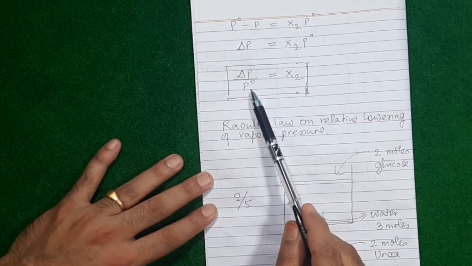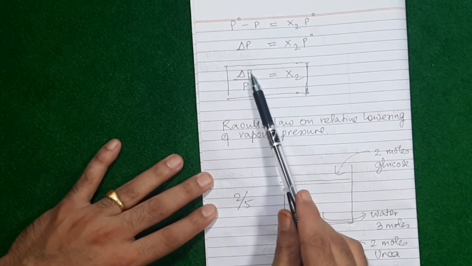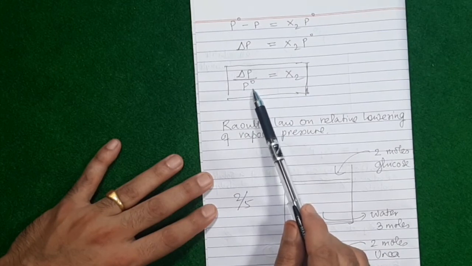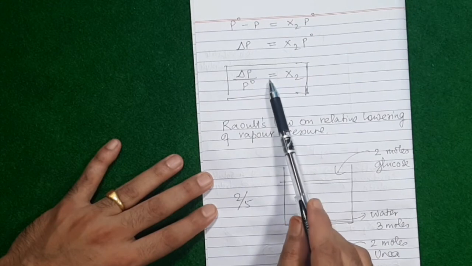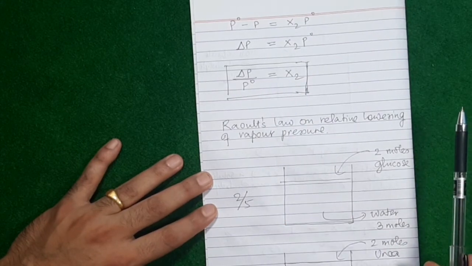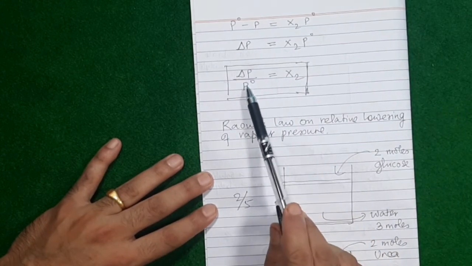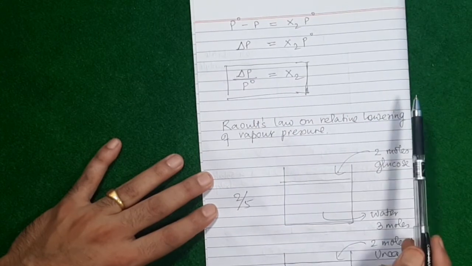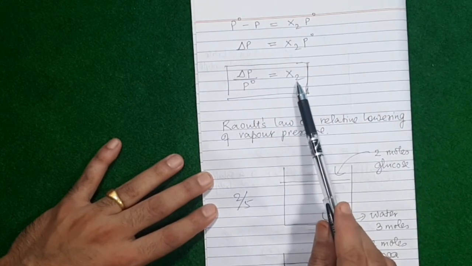Whenever we compare any quantity with another, the term is called relative. So lowering of vapor pressure divided by original vapor pressure of pure liquid is called relative lowering of vapor pressure, which equals the mole fraction of the solute. Yeah, amazingly this whole thing is equal to the mole fraction of the solute. Yeah, x2 is the mole fraction of the solute.